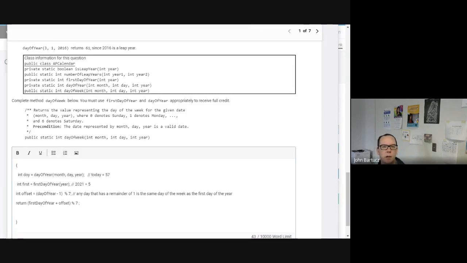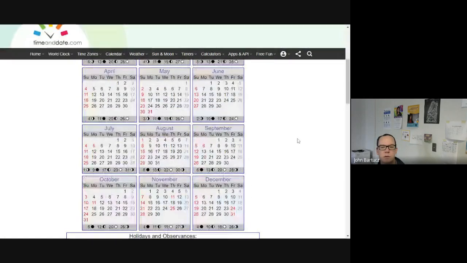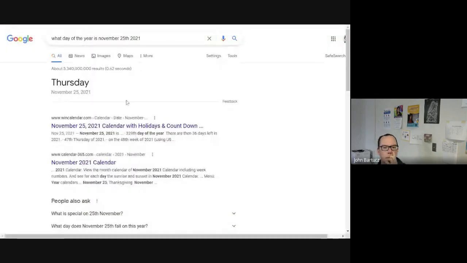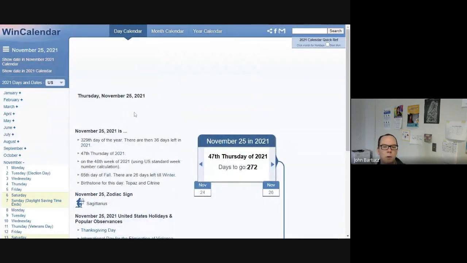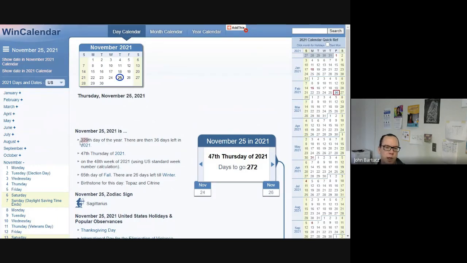So we can pick a different date here. Let's do Thursday in November, November 25th. What day of the year is November 25th, 2021? November 25th, 2021 is the 329th day of the year.